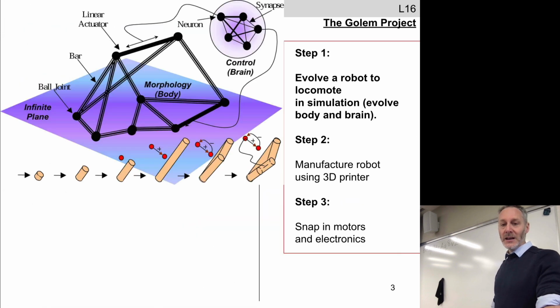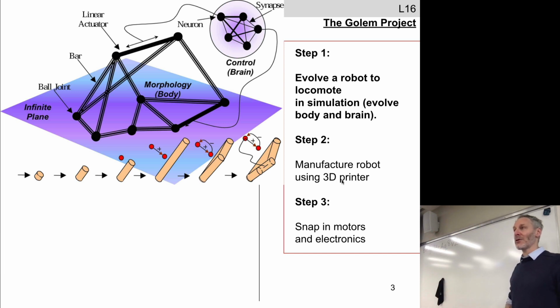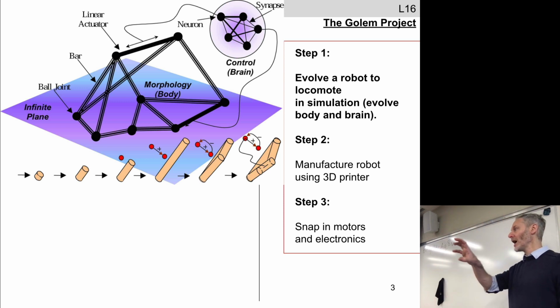Basic idea is we're going to use this brand new technology at the time, which was a 3D printer, to evolve robots as we've seen many times in this course now, and then hook up the simulator to a 3D printer and basically reduce the time and effort it takes us to actually manufacture one of our simulated robots.